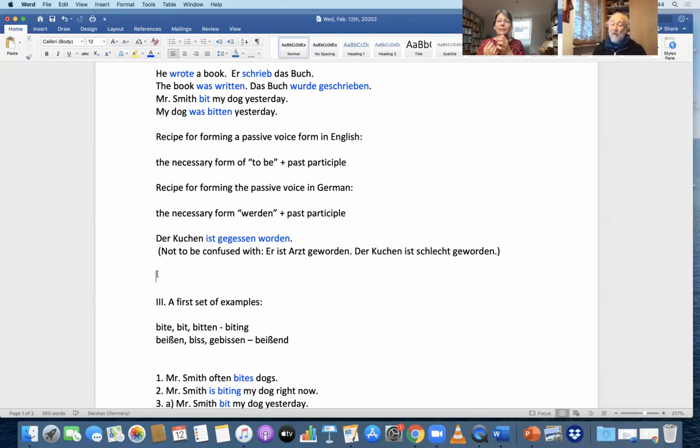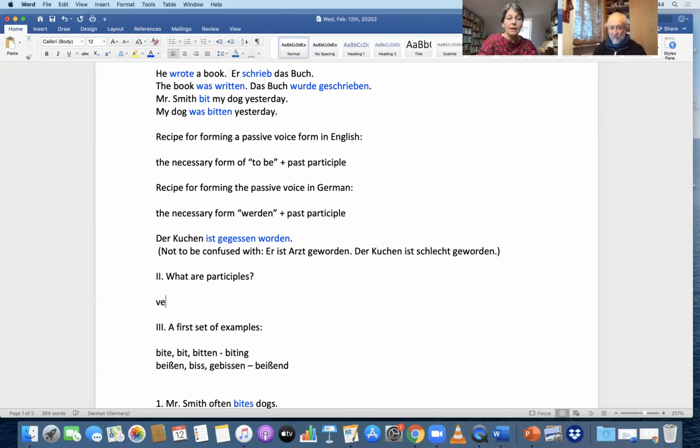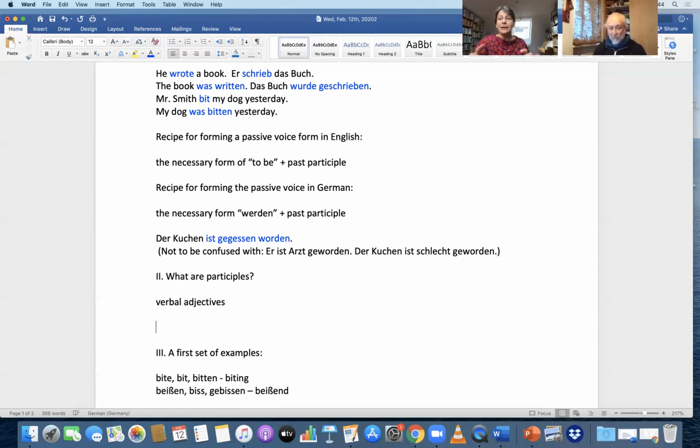And participles are words that share in the characteristics of both verbs and adjectives. They are verbal adjectives, created out of verbs, and they are dynamic adjectives.